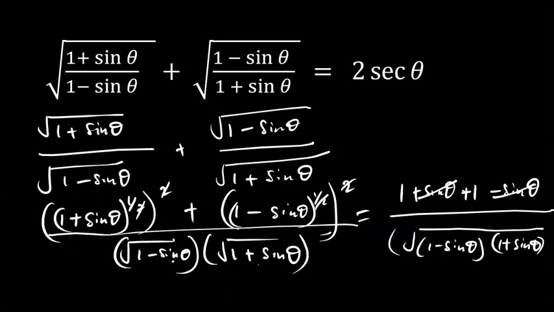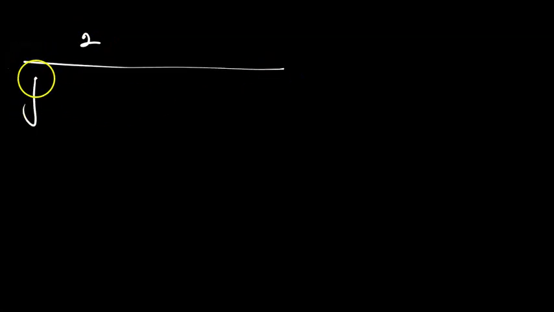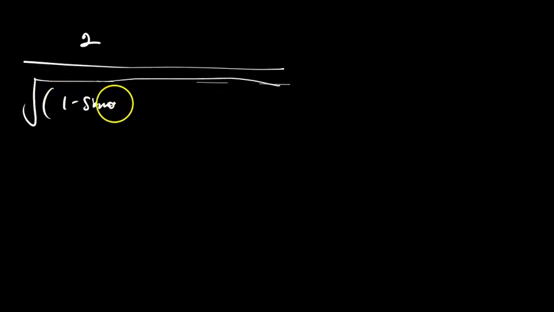So for my numerator, I'll be left with 2, over the root of 1 minus sine theta into 1 plus sine theta.